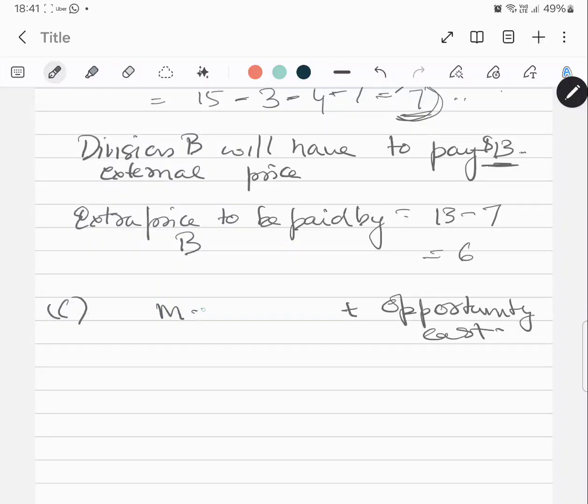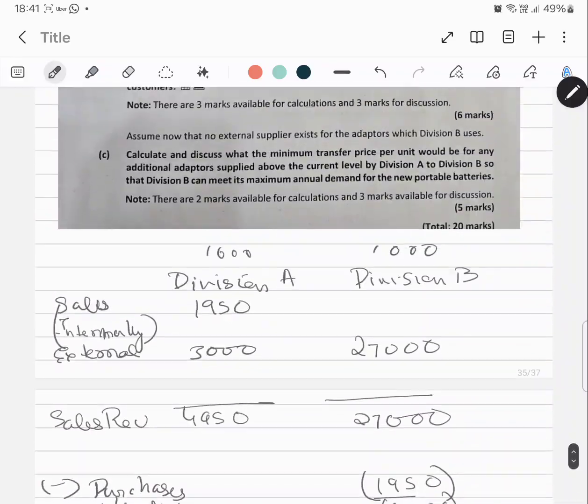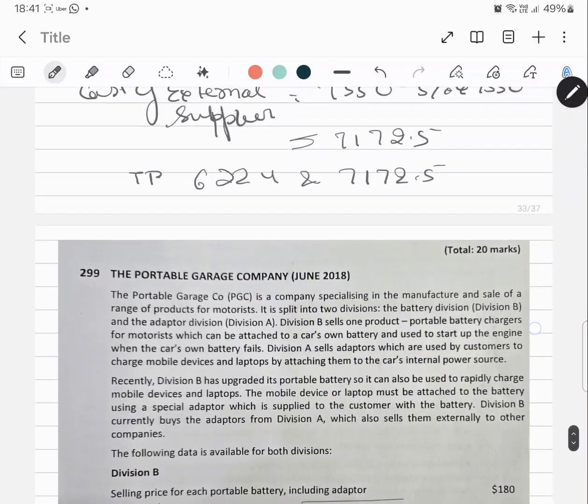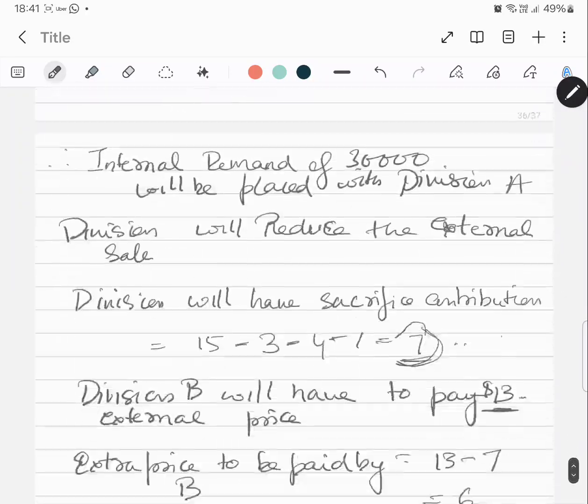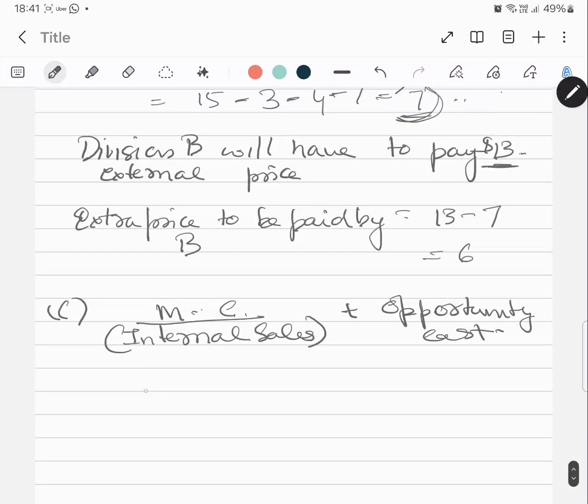Sorry, the marginal cost. In fact, the marginal cost is always taken for the internal sales. This we need to remember by heart. So what is the marginal cost if the sales are made internally? That is 3 plus 4, 7.